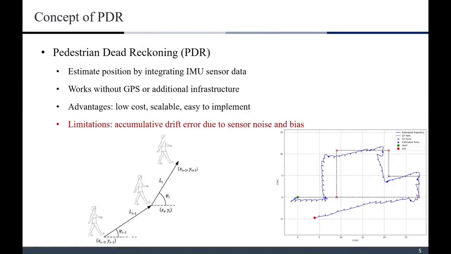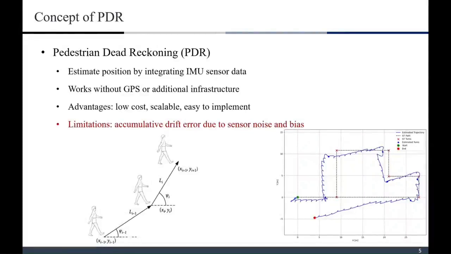These step-level errors accumulate because each step is calculated by integrating IMU signals. Even small sensor noise at every step adds up, and the total distance becomes increasingly inaccurate. As a result, the trajectory not only looks noisy, but the walking distance is miscalculated.